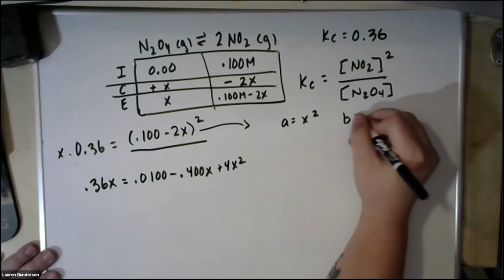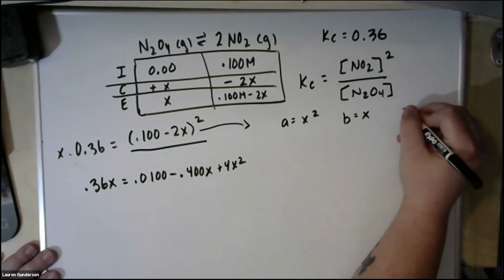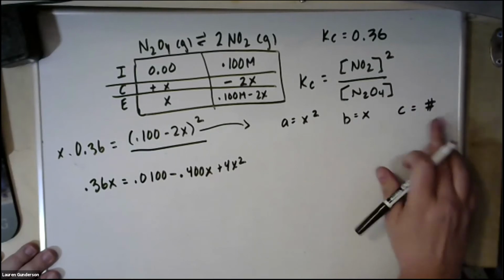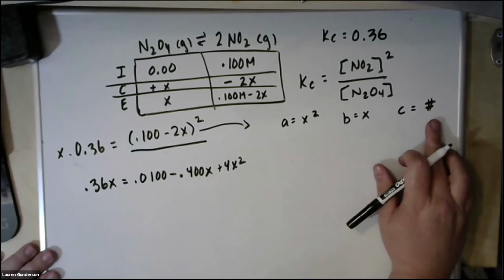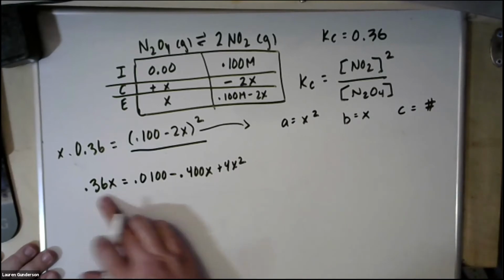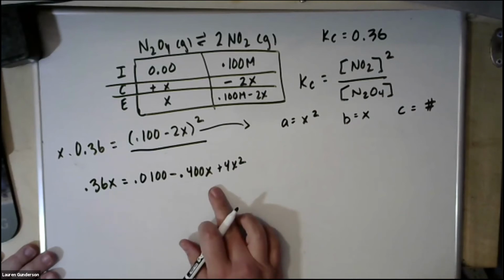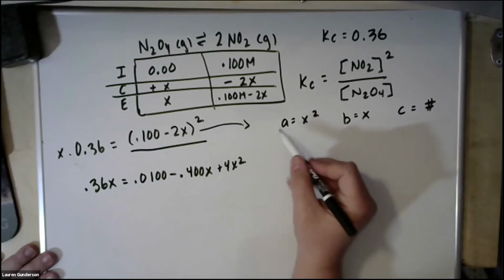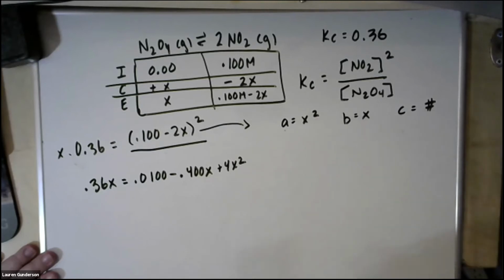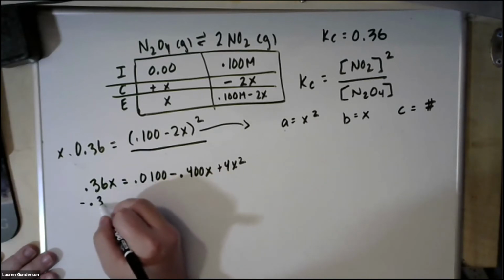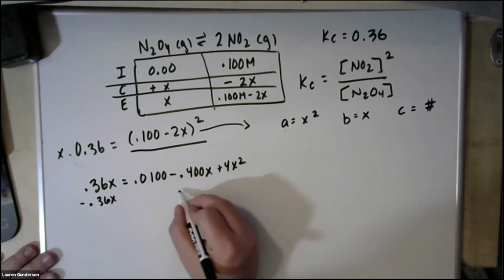Our b value is going to correspond to our x value. And our c value is going to correspond to the number that has no variable attached to it. All right, so what we're going to do is take this expression and solve it for 0. And the numbers that we get back out, those are the numbers we're going to use for a, b, and c. All right, so to solve this for 0, I'm going to subtract 0.36x from both sides.